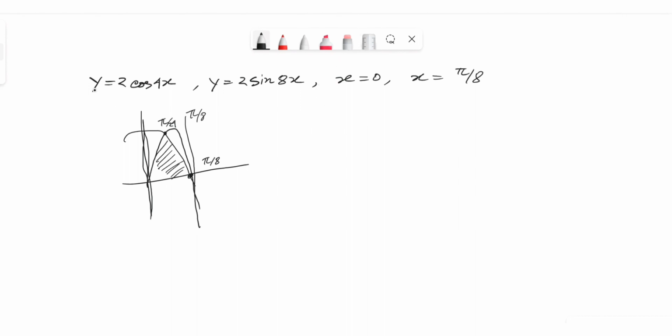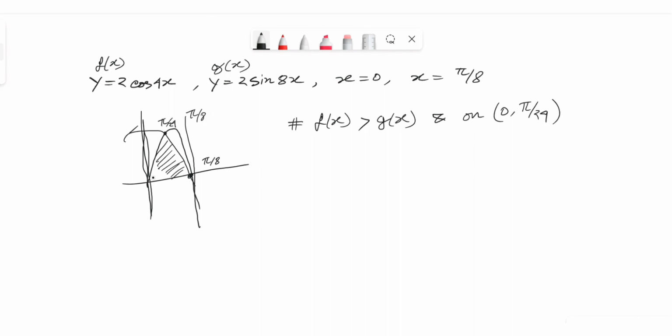For that, we need to observe one thing: if we consider this f of x and this one g of x, we can see that f of x, the cos function, is greater than g of x, the sine function, on the range 0 to pi by 24.